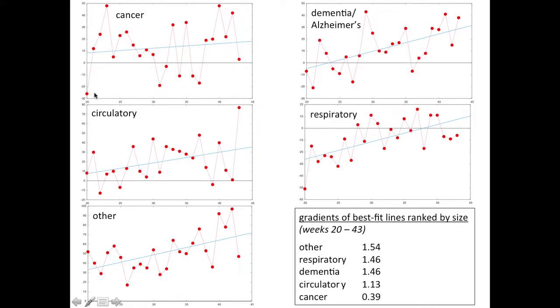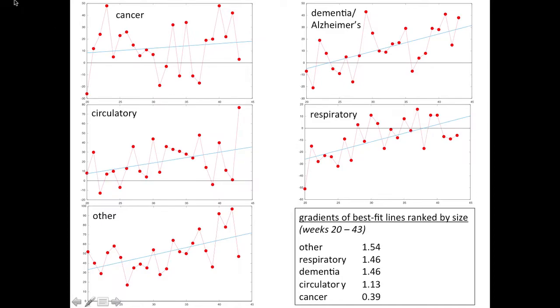And for the 23-week period, weeks 21 to 43, I'm showing you the data for each of these causes of death. And the sum of all 5 of these is the thing we've been looking at before, the total non-COVID excess mortality. So these curves are relative to the 5-year average for each cause of death. And all I've done in these plots is fit a straight line to them.